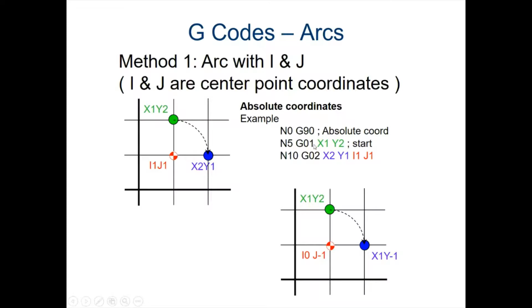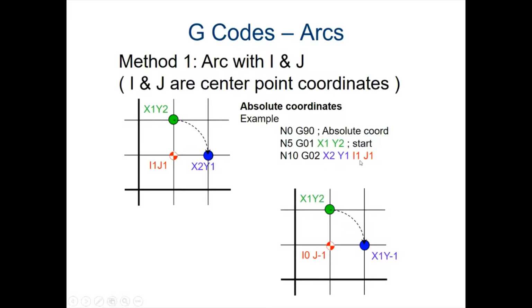If you notice in this little bit of code example they gave you, they had it go to this position first, so we did a linear interpolation. We cut from wherever we were to this point, and we're now at X1, Y2. That is our location. We are going to go from there with our clockwise arc, from the point that we're at to this point. So we're identifying the end of the arc in our command.